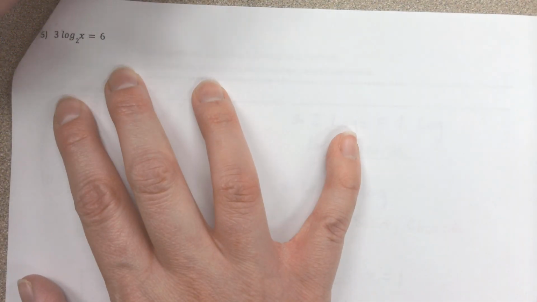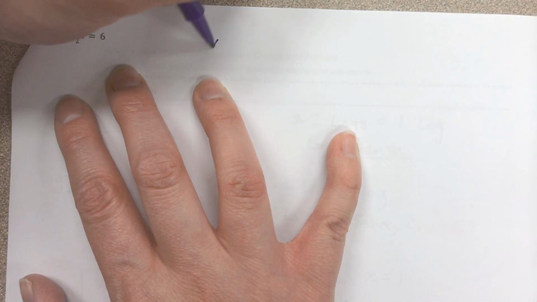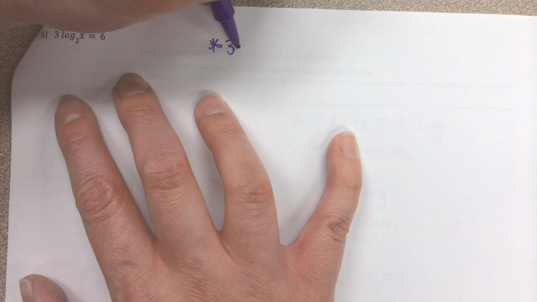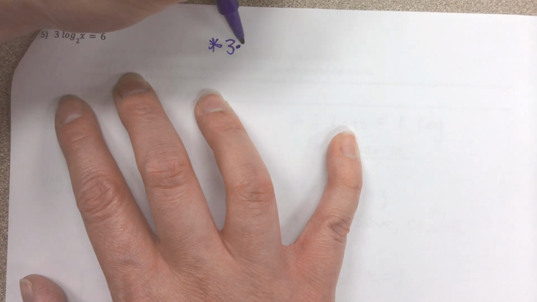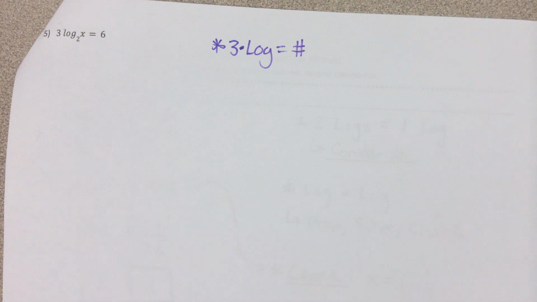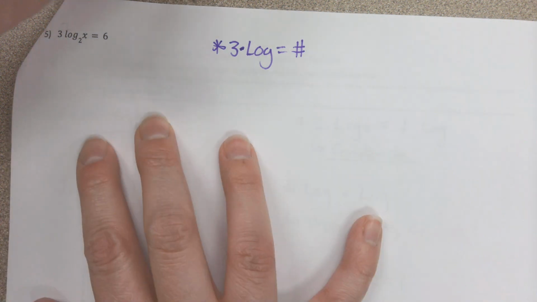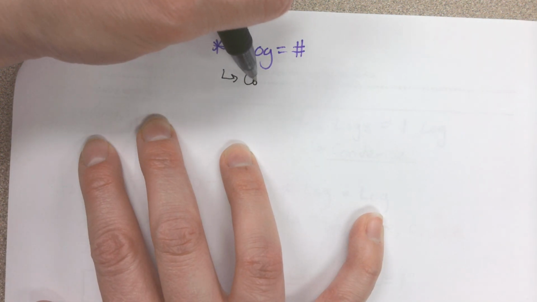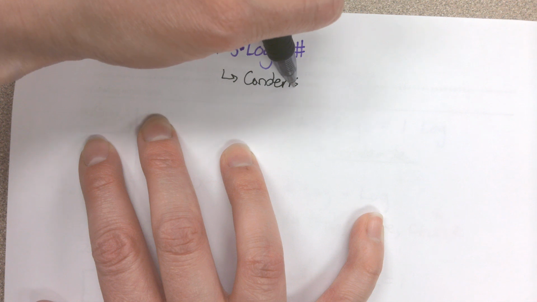So our current situation is we have 3 times log equals a number. That 3 cannot be there if we're going to solve it by switching the form. So that 3 being there is an issue. We need to get rid of it. Again, we can do that by condensing.